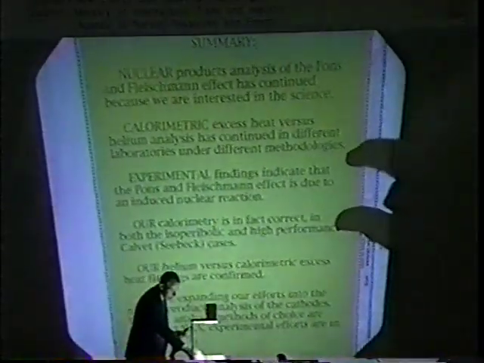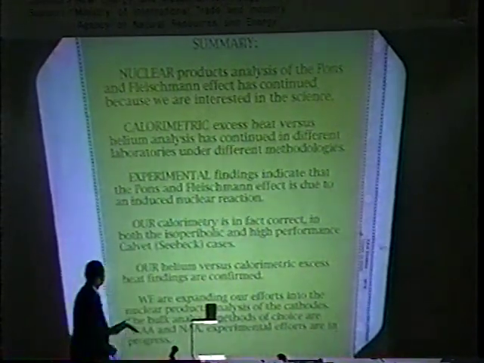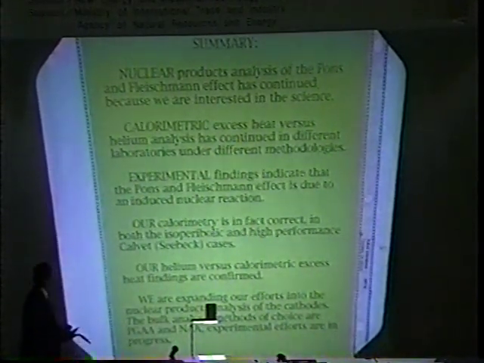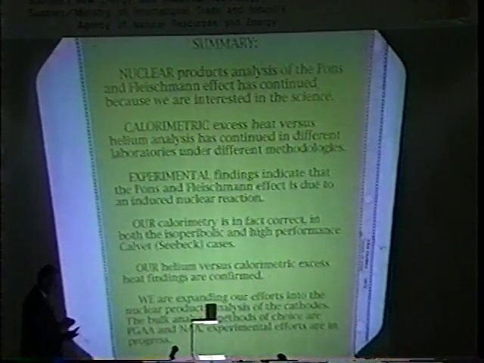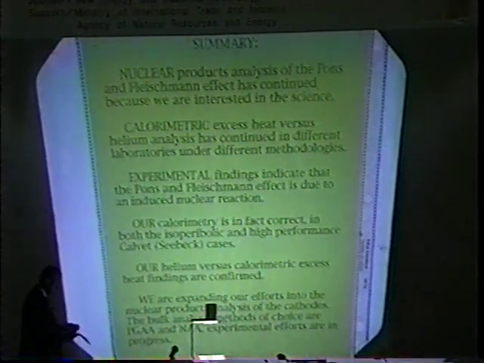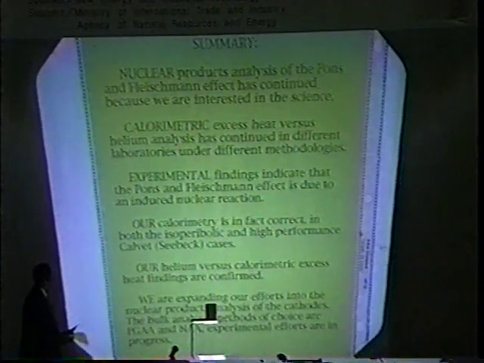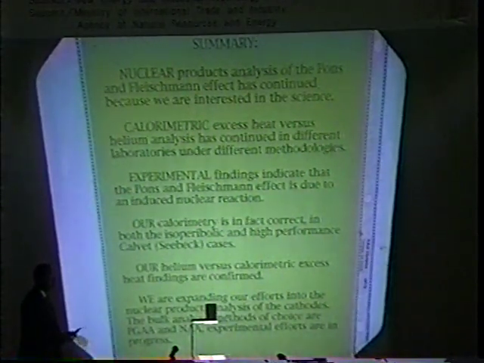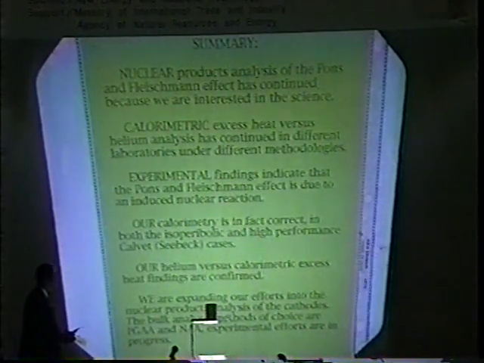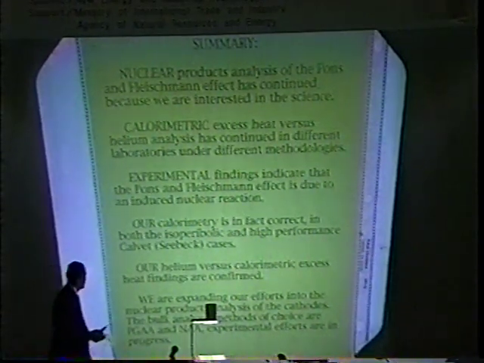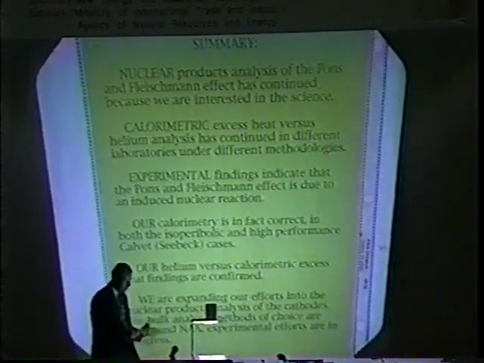And his summary is that nuclear products analysis has continued in the work that he's doing. And he has a new type of calorimetry, Calvet calorimetry. And they're expanding our efforts into looking at activation products in the cathode.